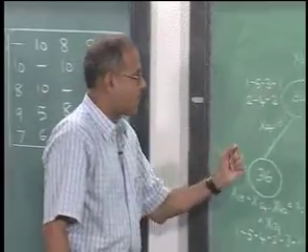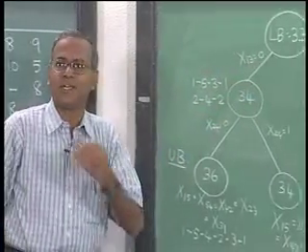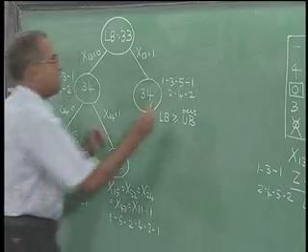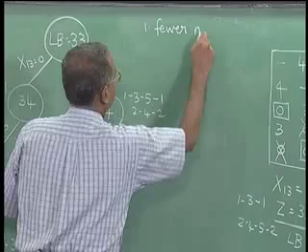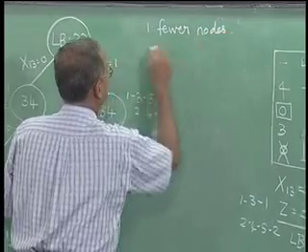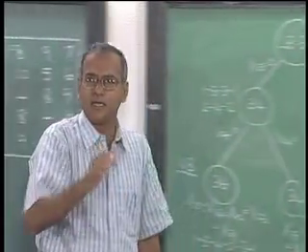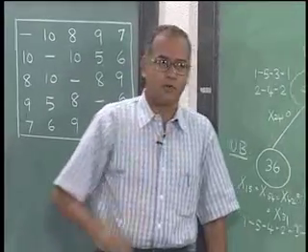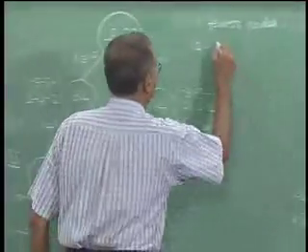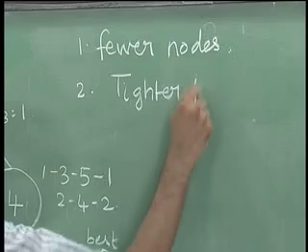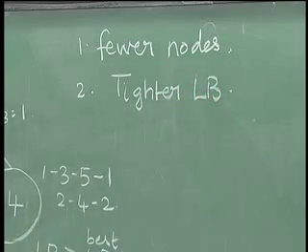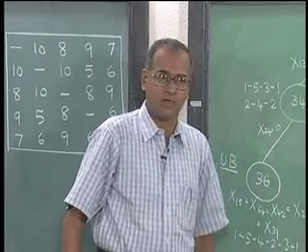Now, a quick comparison of this and the earlier would tell us that this branch and bound actually has fewer nodes. It has fewer nodes than the earlier one. Earlier one had several nodes. Now, this had a tighter lower bound. In general, the lower bound at any node was actually better than the lower bound which was there in the earlier branch and bound algorithm.